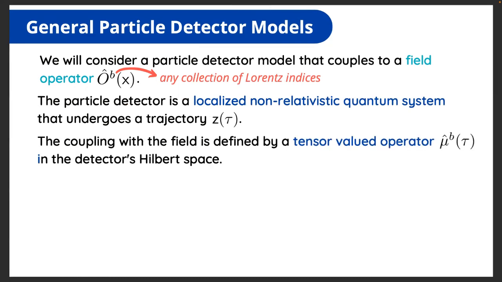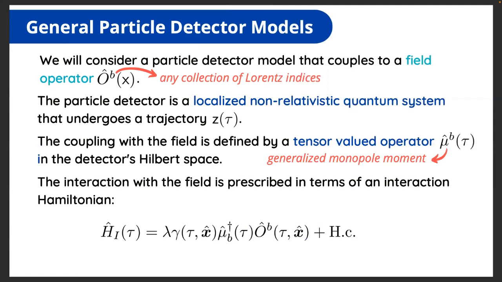The coupling with the field will be defined by a tensor-valued operator mu B. Okay, the mu B is what I'm going to call the generalized monopole moment, and this is an operator in the detector Hilbert space. So basically, this is the operator of the detector that will couple to the field operator O B. In fact, the interaction Hamiltonian will be prescribed like this, where here you see the contraction of the generalized monopole moment with the operator that the detector couples to.